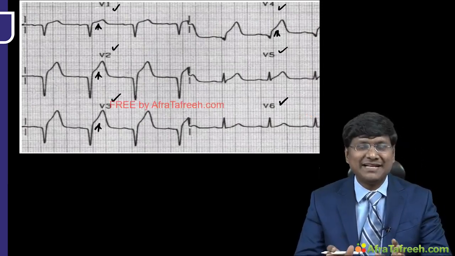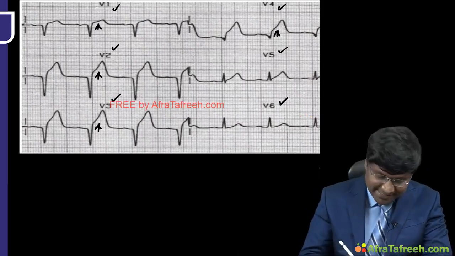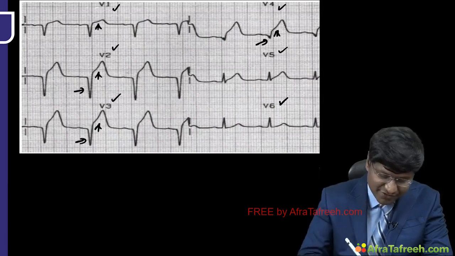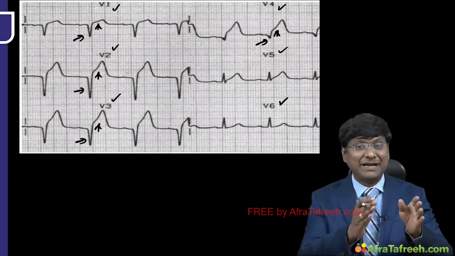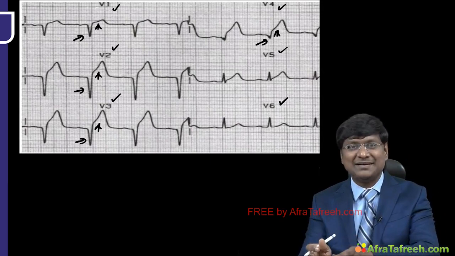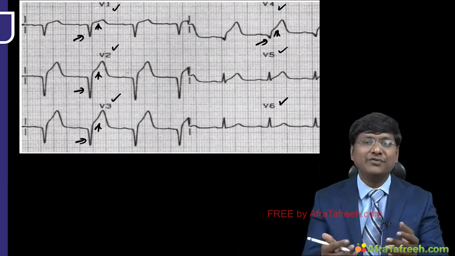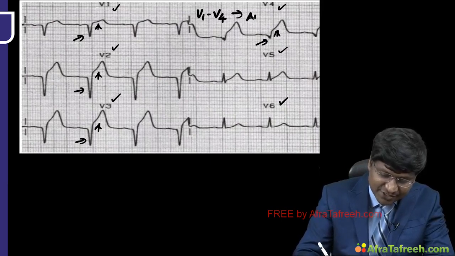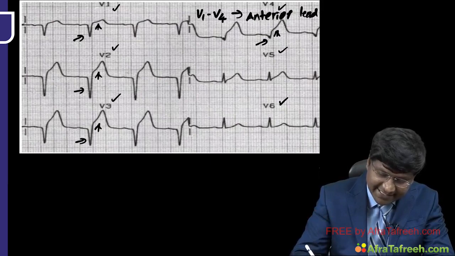Along with this ST segment elevation from V1 to V4, there is also the appearance of pathological Q waves. V1 to V4, what are those? They are considered as the anterior leads.